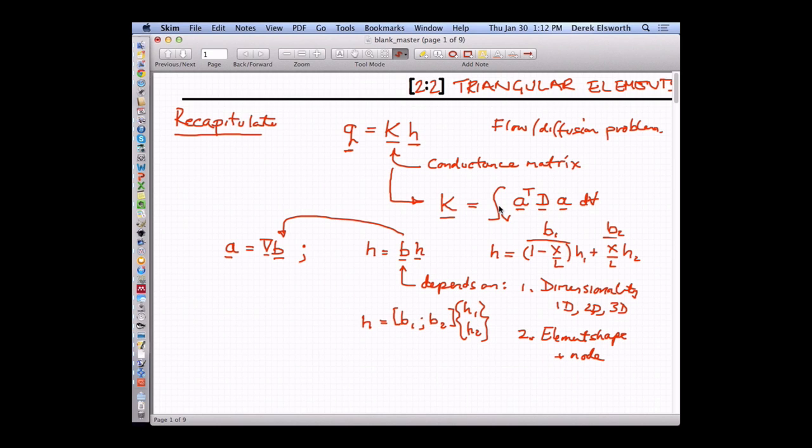It's dependent on the kind of element that we have, whether it's a two-noded brick element or a three-noded triangular element, which we talked about last time online, and it varies also in terms of the number of degrees of freedom we have.